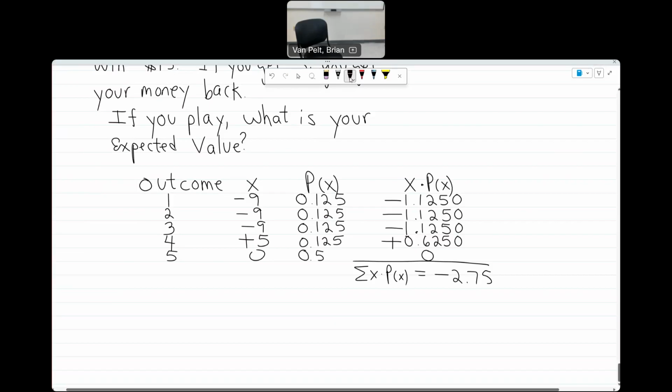So on average, you're gonna lose $2.75 per game. So your expected value then, this is what you should write for your answer. You should use the appropriate formula, notation.